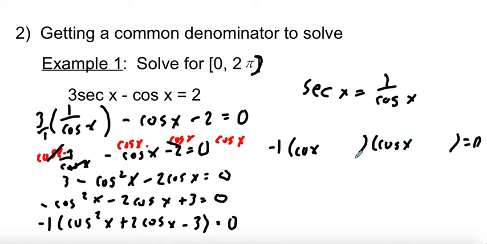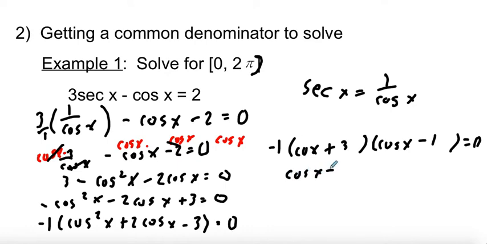What multiplies to give me negative 3 and adds to give me a positive 2? That would be a positive 3 and a minus 1. The negative 1 on the outside isn't going to impact what the values actually are.